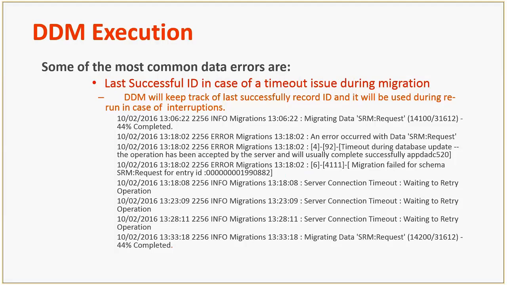Let's say it timed out after SRM request, and there are other forms. Till SRM request, it'll basically skip all the forms which are already migrated successfully. It'll come to the SRM request form, pick up the last ID, continue, and then go and complete the migration for the rest of the forms. Okay.